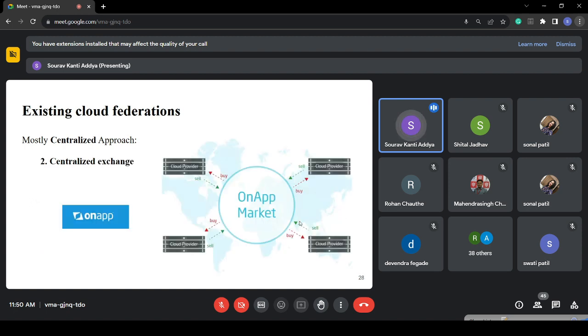Now, there is another kind of marketplace called a centralized exchange. It is more or less similar to an e-commerce site like Flipkart or Amazon. It is a marketplace where every seller comes with their own product and sells it. For example, if you want to buy a smartphone, you log into the Flipkart or Amazon dashboard and give certain specifications.